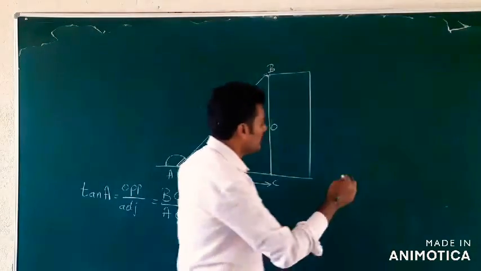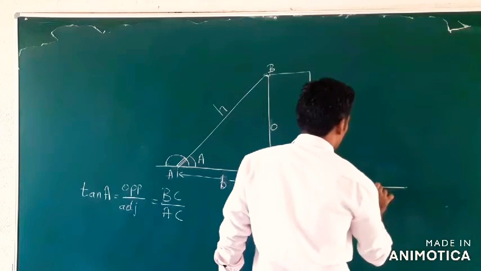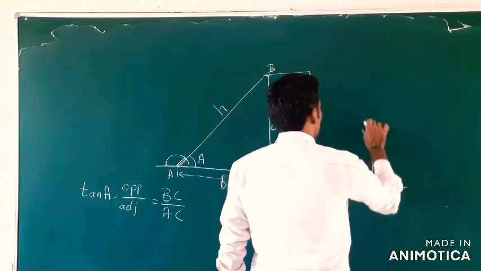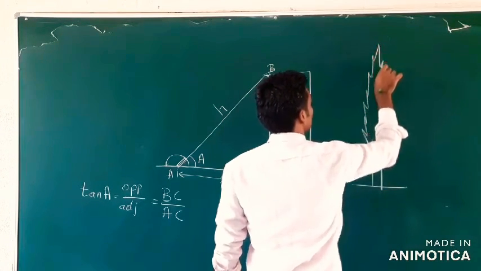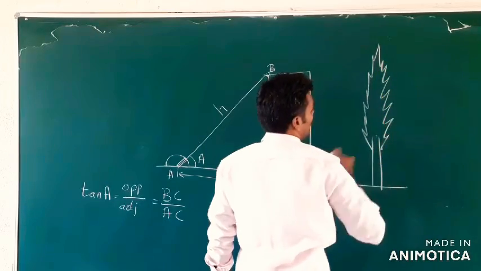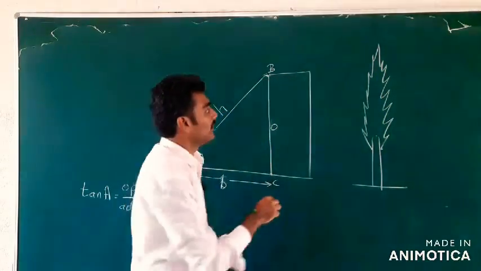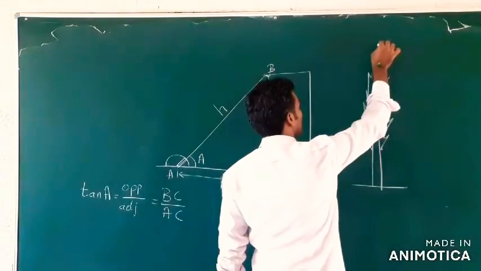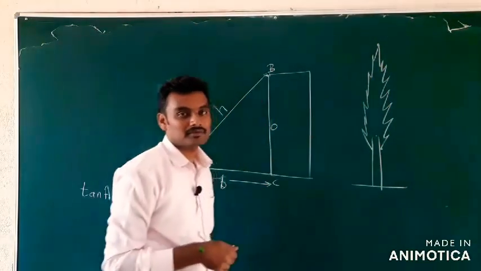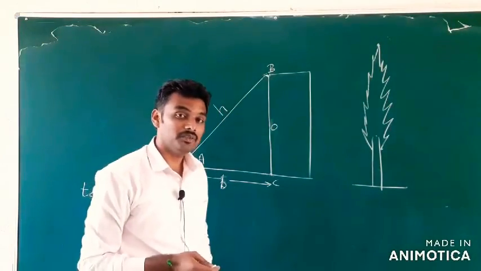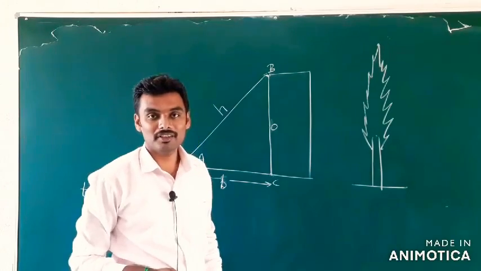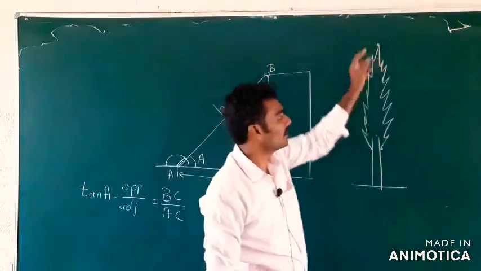Instead, say you have a tree, okay, of certain height, and the tree is in such a way that you cannot reach the top of the tree by climbing it, right? So now, what is the option that we are left with in order to measure the height of the tree?